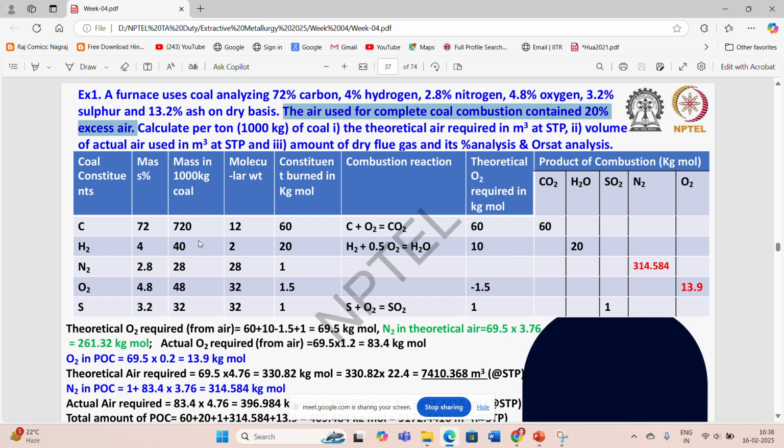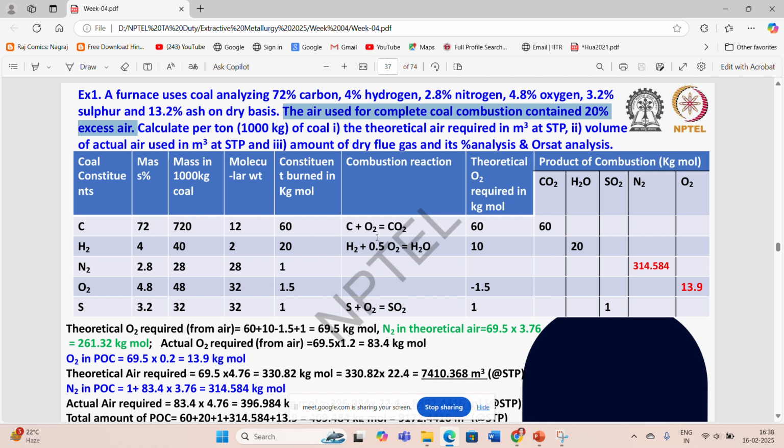Then we can convert them into their respective moles using molecular weight, and according to the combustion reactions, C plus O2 is going to change into CO2, while 1 mole of H2 is going to react with only 0.5 moles of oxygen and get converted into H2O, while 1 mole of sulfur is going to require 1 mole of oxygen for full combustion to get converted into SO2. So according to that, we can calculate the amount of theoretical O2 required in kg per mole.